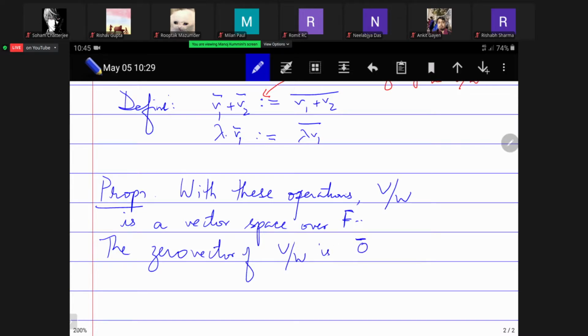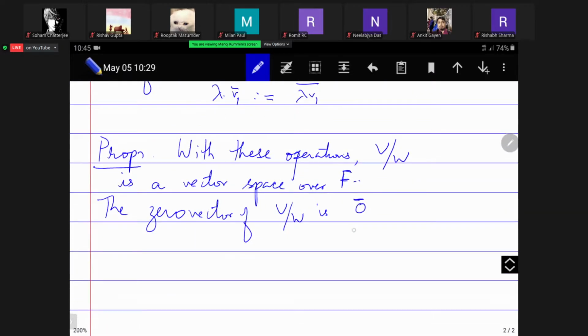The proof I leave as an exercise. It will also give you practice arguing about these equivalence relations, and similarly for the group case of cosets.